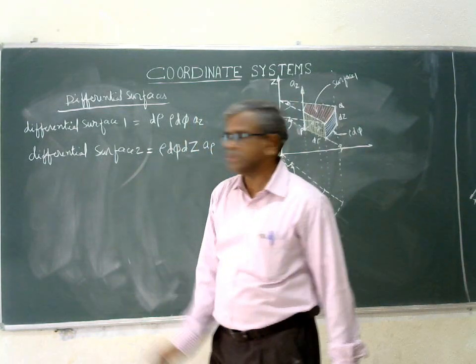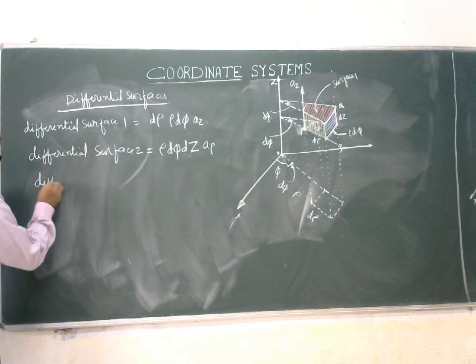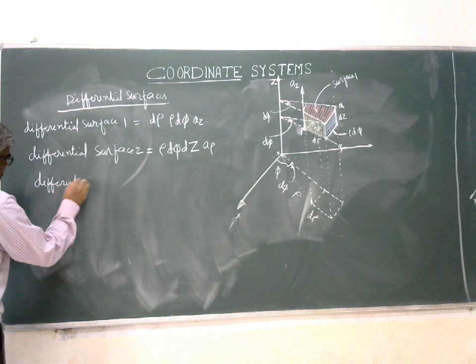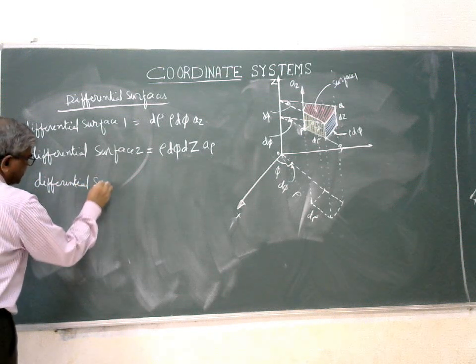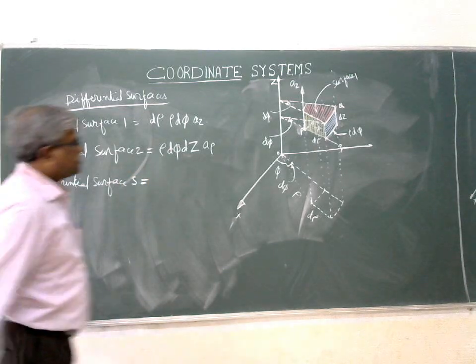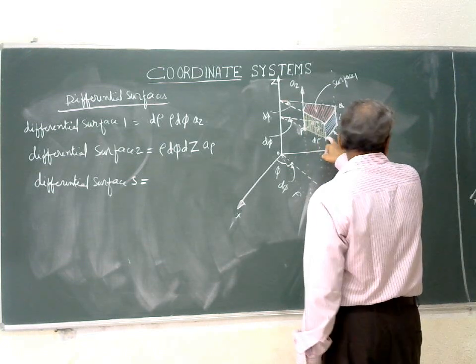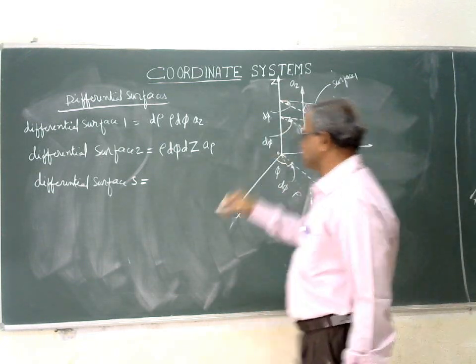And the third one is differential surface 3. This is differential surface 3. What is this length? d rho.